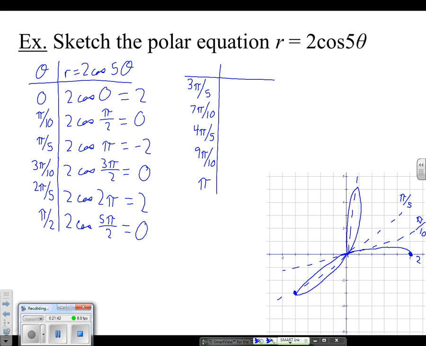And the radii, I mean, I can already see a pattern. It's 2, 0, negative 2, 0, 2, 0. So it'd be negative 2, 0, 2, 0, and then out to negative 2 again.